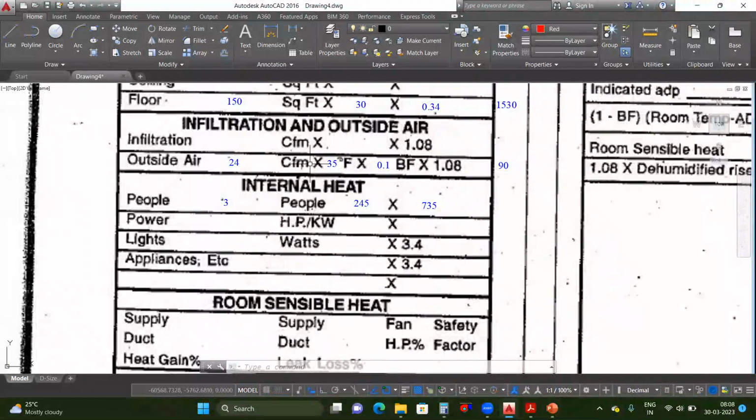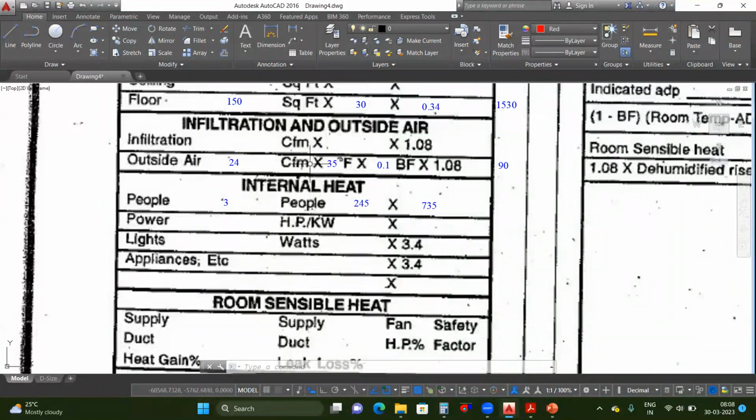If you touch the light it will be very hot, or if you sit exactly at the bottom of the light, you will feel a lot of heat. So that heat is also important for our calculation, and we need to take it. Here we will consider 1 watt per square feet as a thumb rule for lighting load, if we don't know the exact lighting source.